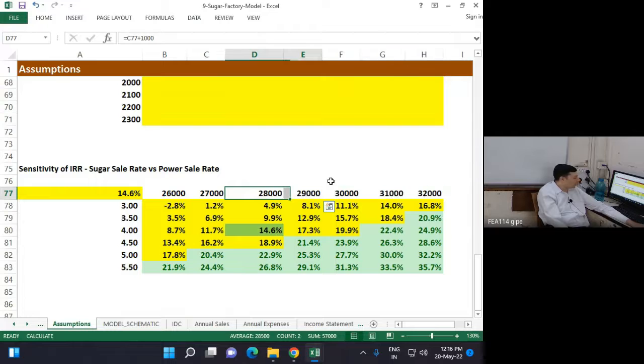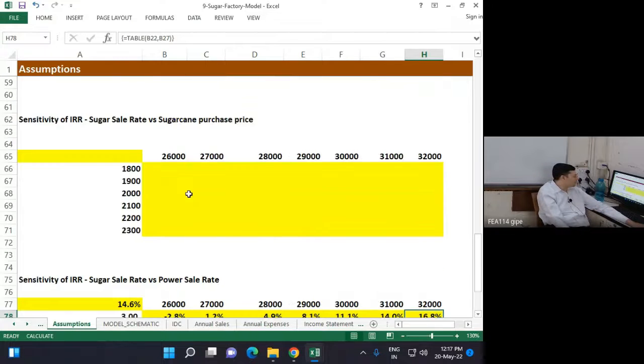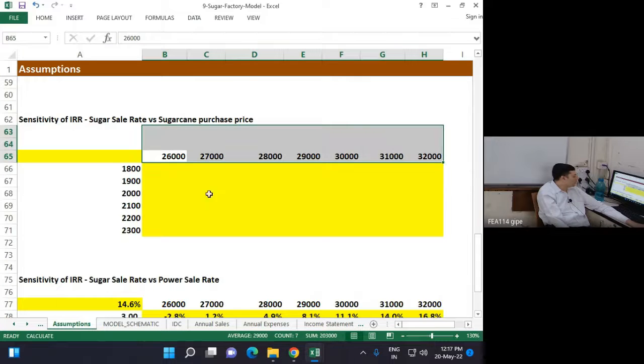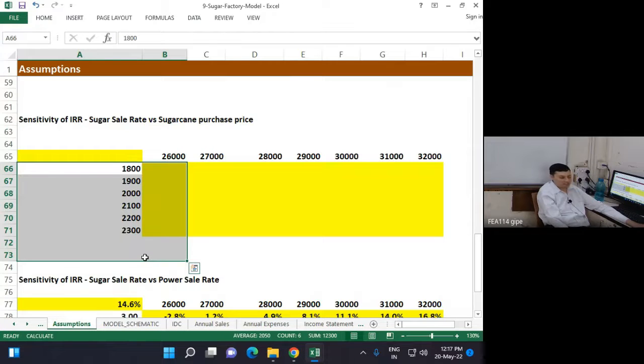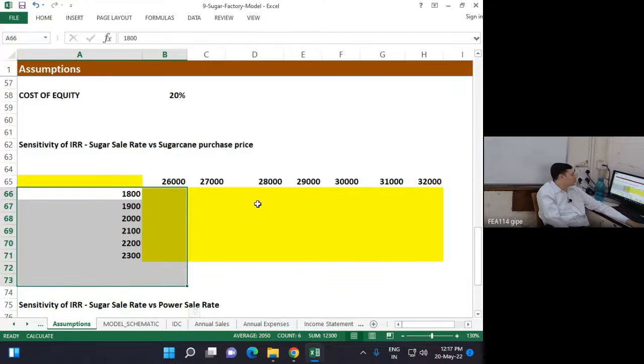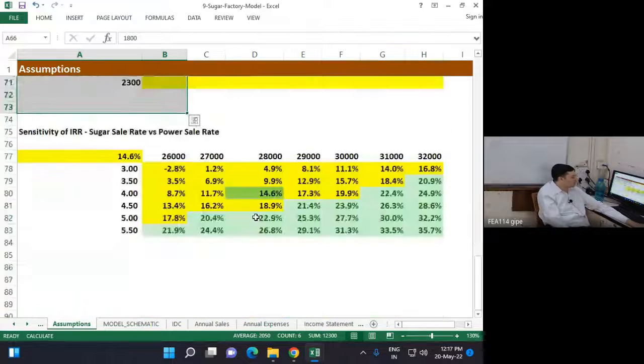So the price has to go much beyond 32,000. If the power rate goes down to 3, you will see even at 32,000, the sugar factory is not feasible. So like this, you can analyze different parameters. Same you can do with sugar price versus sugarcane cost, because that arbitrage is what is going to make the sugar factory a feasible business proposition.